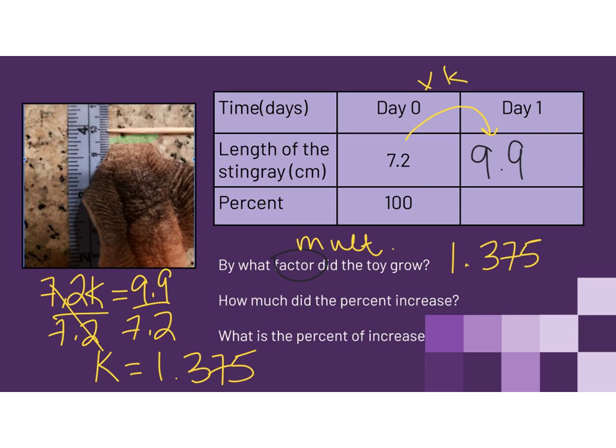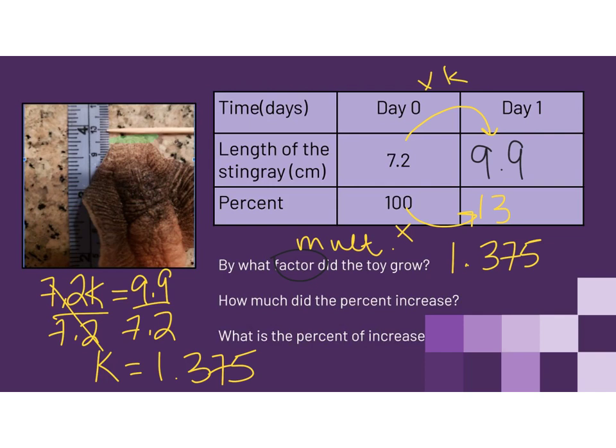Well, it's the whole thing plus another 0.375. So in order for this to stay a ratio in this ratio table, I'm going to also multiply this by 1.375.